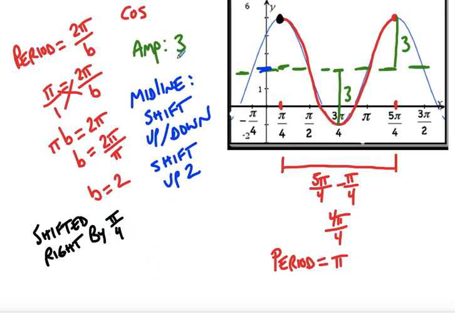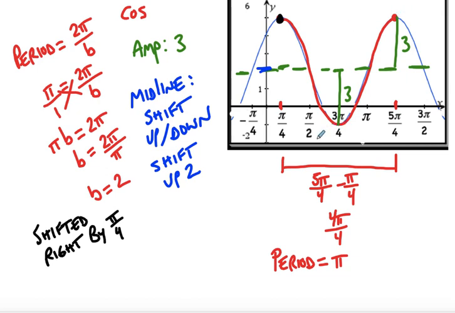So we have amplitude, we have our b value, we have our shifting. Is there any flipping happening? No, because cosine usually starts high, ends high, and goes down in the middle.